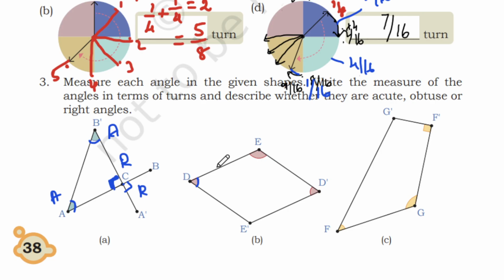Here we have acute angle opposites, and here we have obtuse angle opposites. Okay, and here we have a right angle, the L shape, straight lines. So right angle.